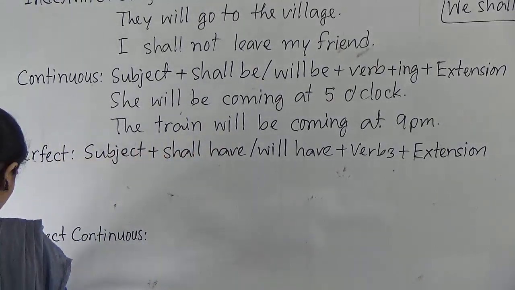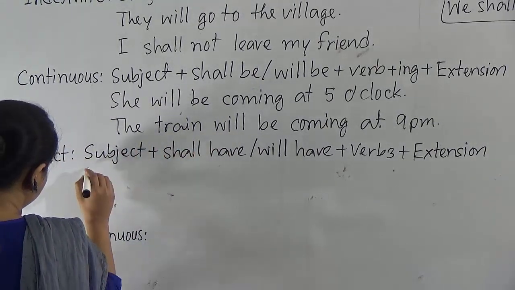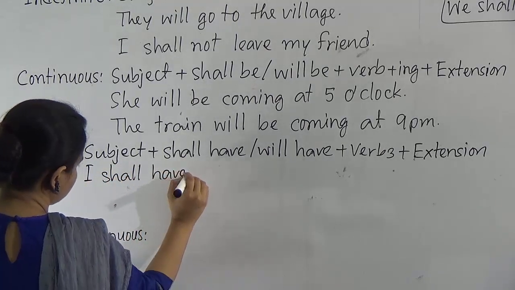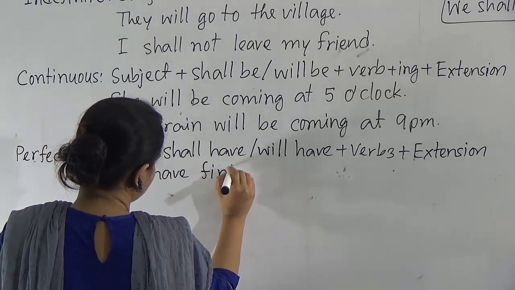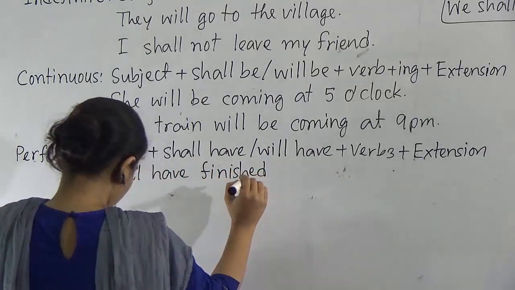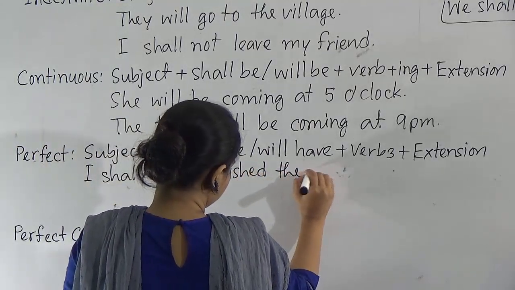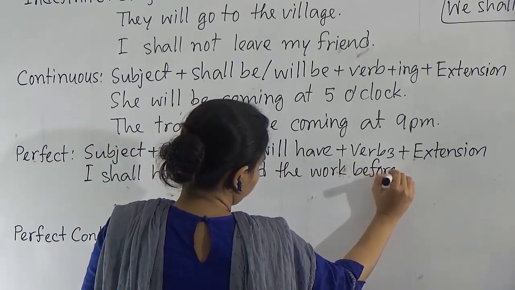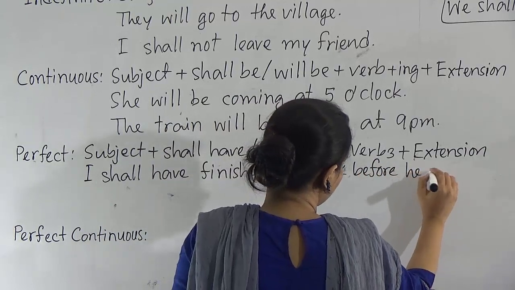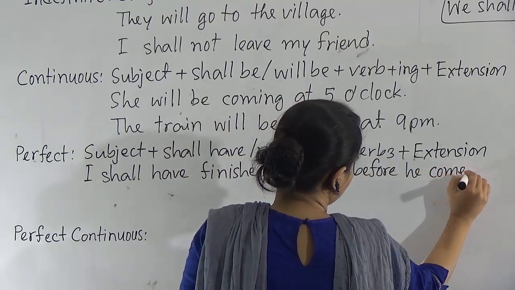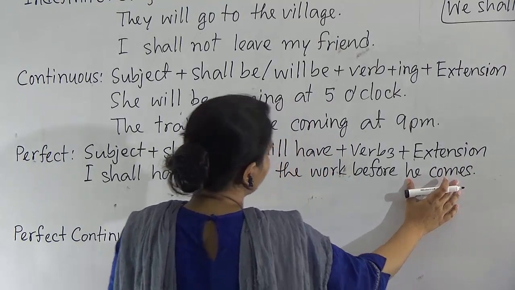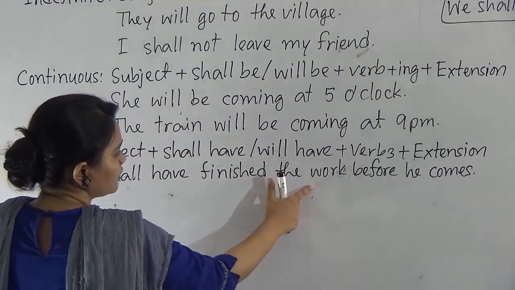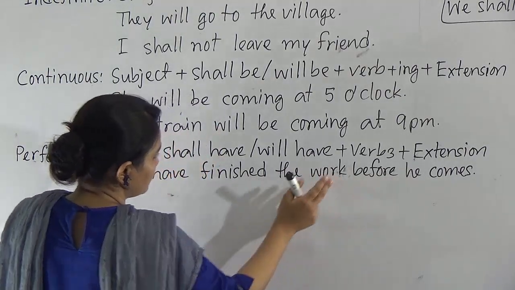Now the example: I shall have finished the work before he comes. We can also write here before he will come. Now look, I shall have finished the work before he comes. So there are two actions.